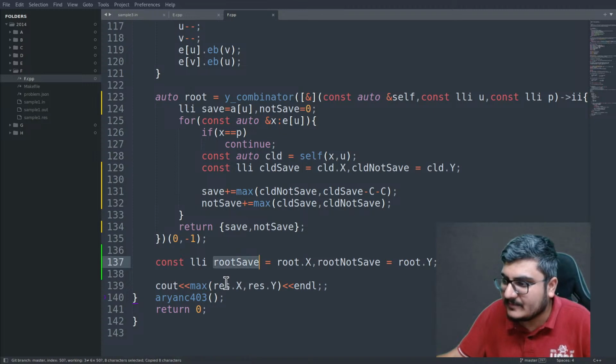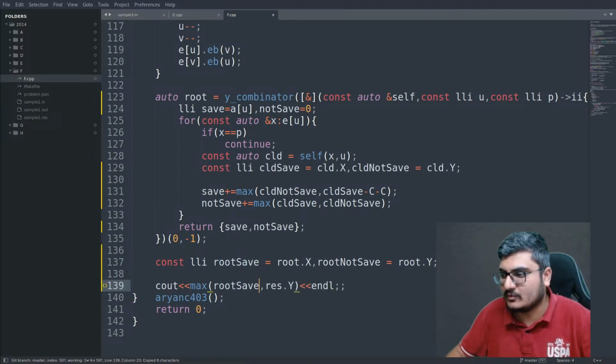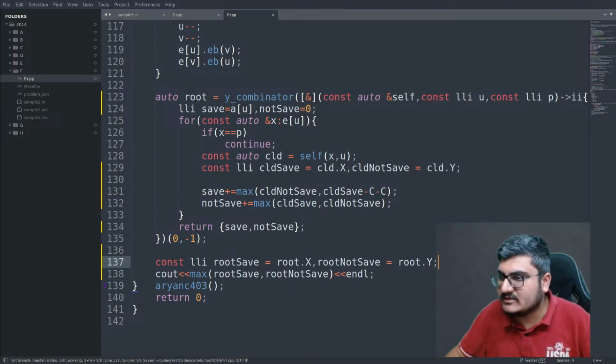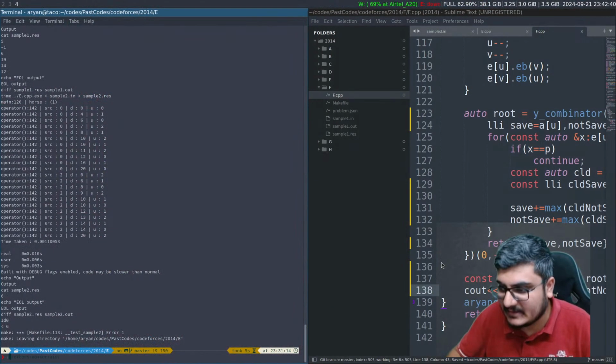And our answer would be whichever gives us the maximum, if we save the root or if we do not save the root. This would be the solution for this problem.